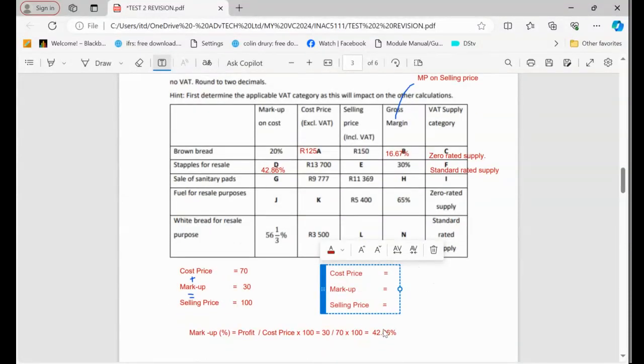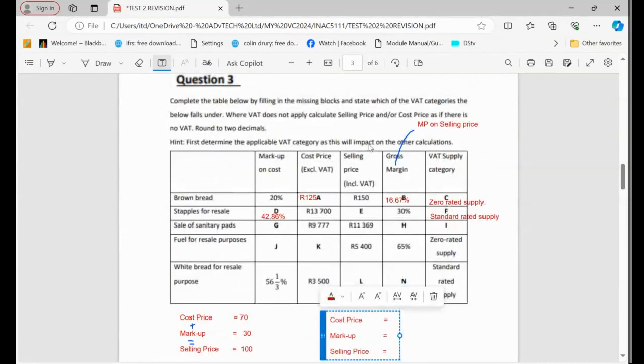Okay, so when you check here, remember we need to use this column. For me to find the selling price, I must use this markup. So how can I do that? I must first analyze this markup. So I must come here and write 42 because the markup is 42.86.